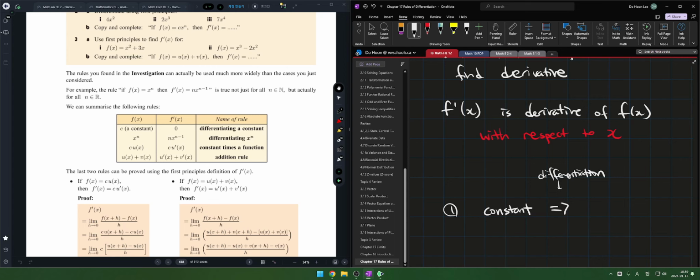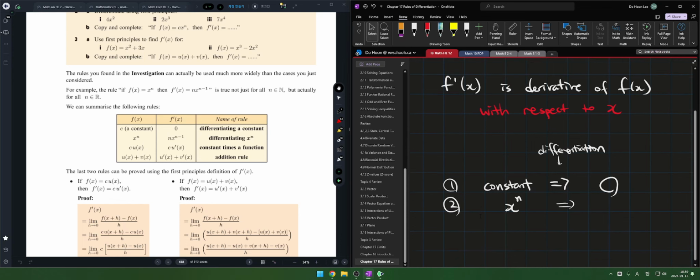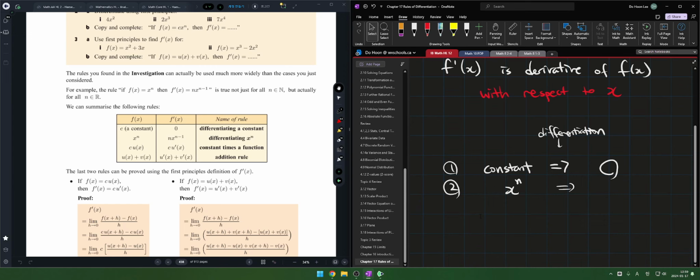Whenever you differentiate a constant, like 5 or 10 or a, that's 0. Whenever you have a variable alone with an exponent n, that exponent n comes down to the front, nx.